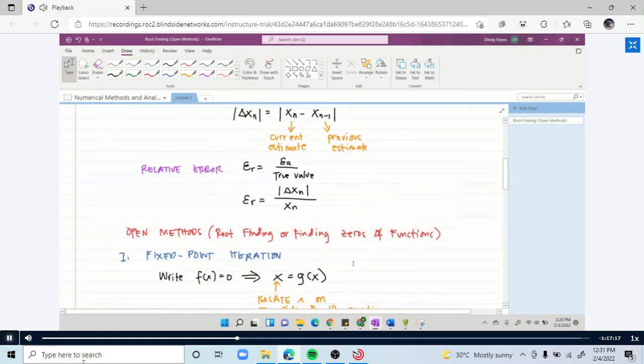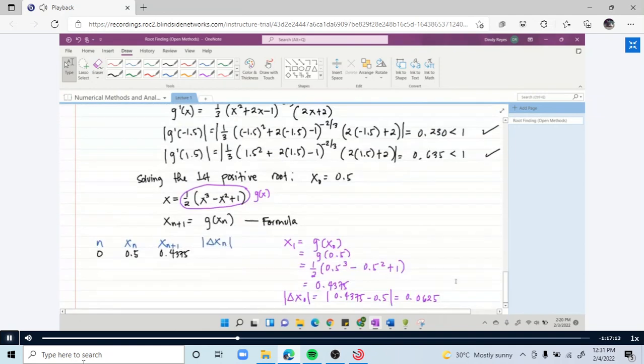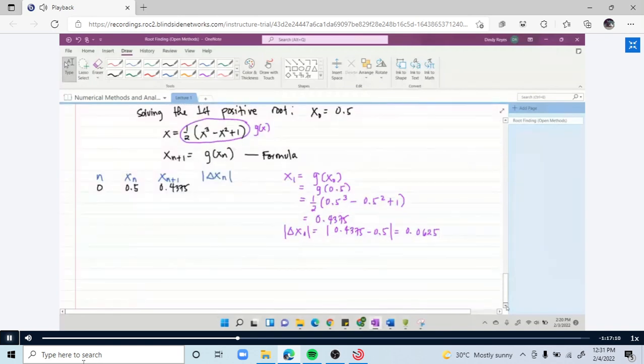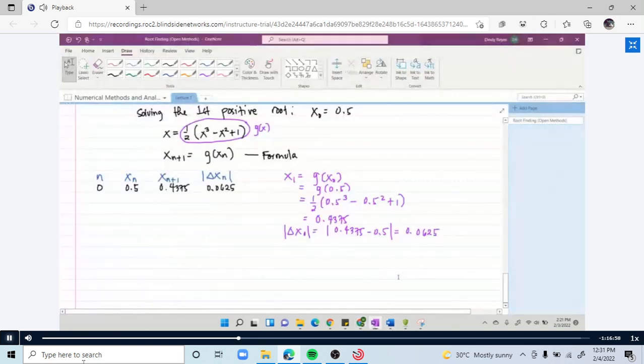Yung next na decimal number. Okay? Okay, that's how you solve, no? So, this is 0.0625. Tama ba? Okay. Mag-calculate kayo, ha? Baka naman mali na yung binibigay ko dito.